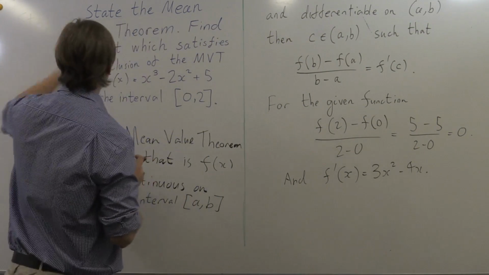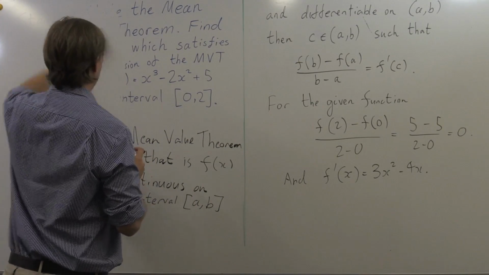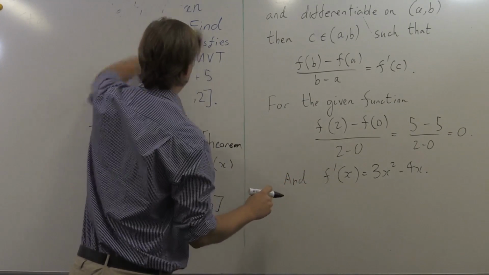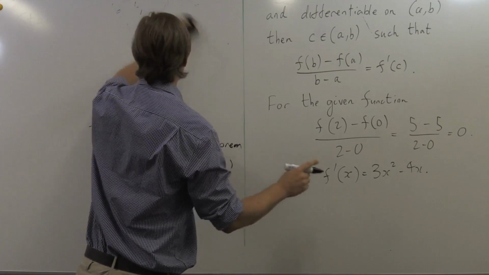Right, so what we need to do is we need to find a c in 0, 2 such that this quantity is 0.